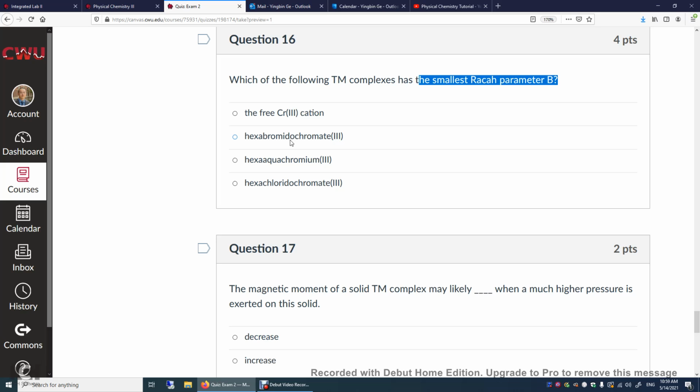That will reduce the difference in repulsion. Two different cases: one is dxy and dx squared minus y squared, the other is dxy and dz squared. In the former case, there's a stronger repulsion. In the latter case, there's a smaller repulsion because dxy and dz squared are not in the same plane. In this case, the bromido ligands help reduce the difference.